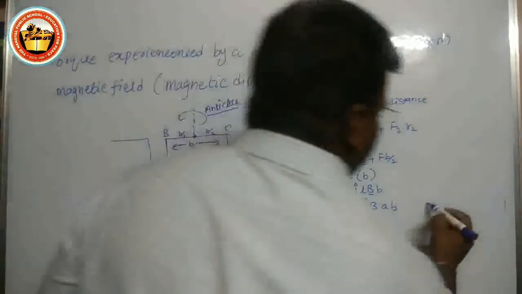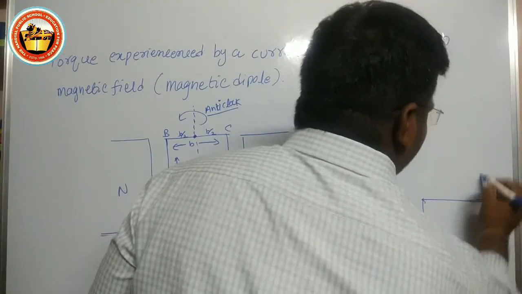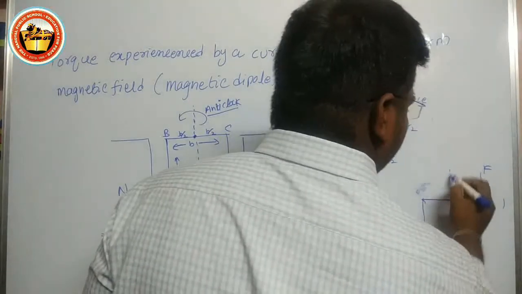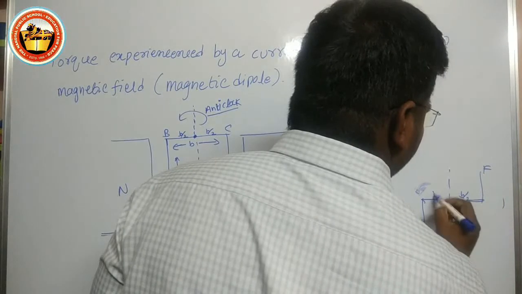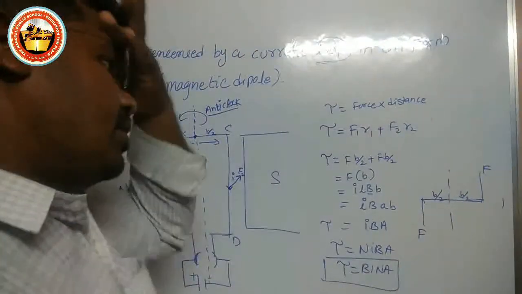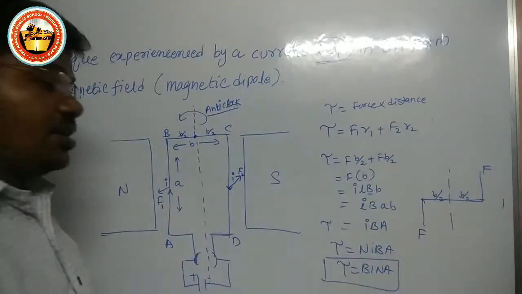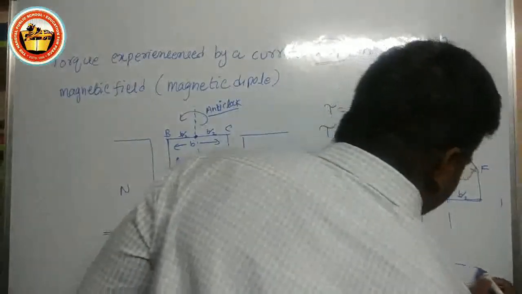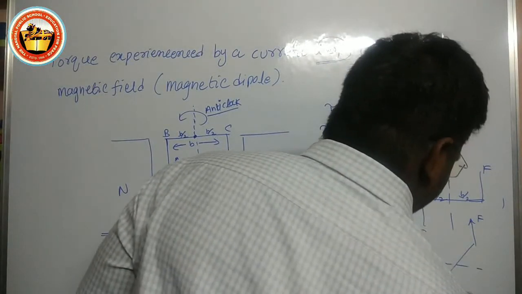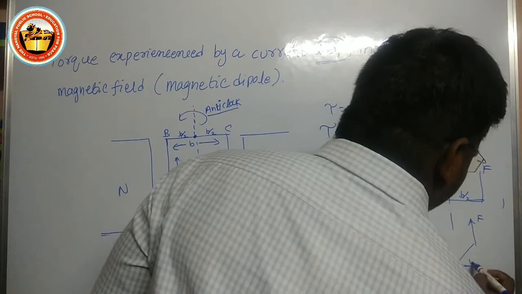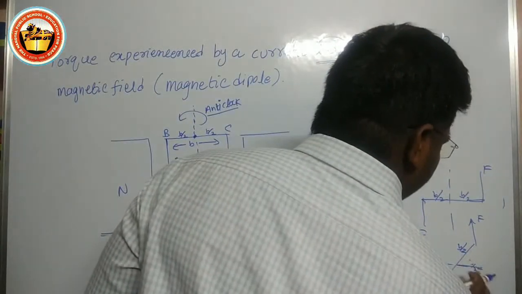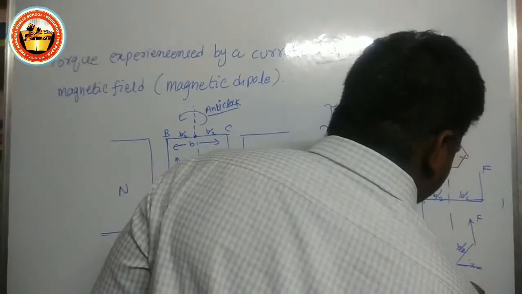Okay, see here, two forces are acting, downward and upward. Here we know that it is B by 2, here B by 2. Understand? If the coil makes some angle like this, here we get B by 2, B by 2, B by 2.